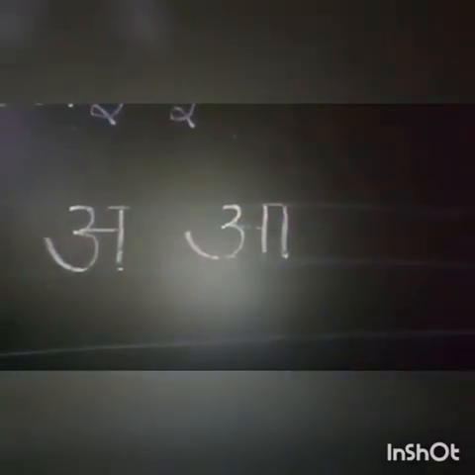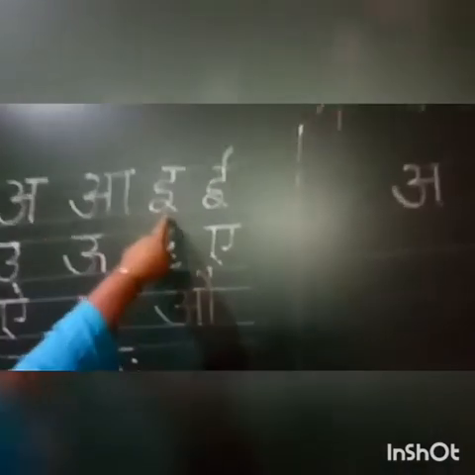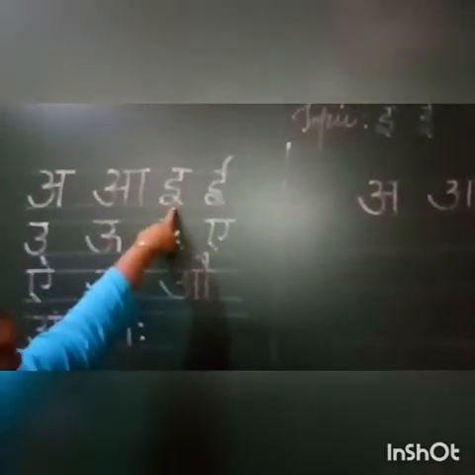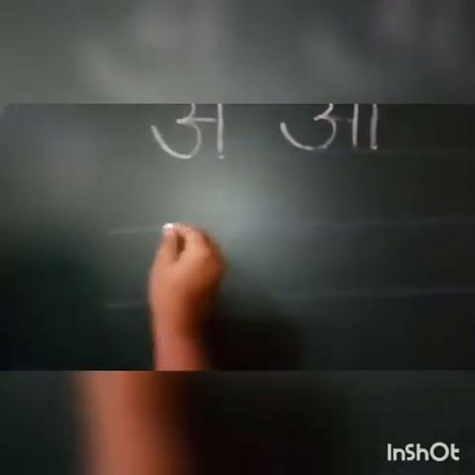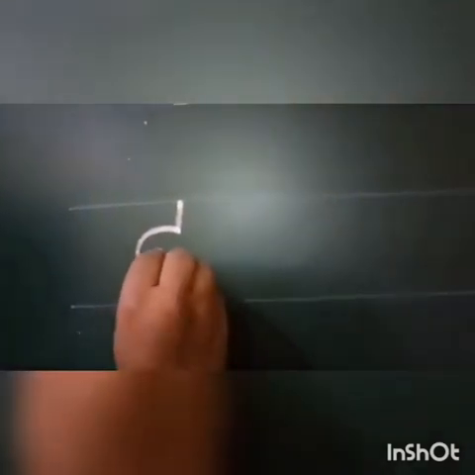Okay, children. Today I am going to teach you letter E. After A, what letter will come? E. Right? Okay. Start from the first line, double line. Small khadi rekha. One small standing line. One backward curve. And with that you have to join one more curve.